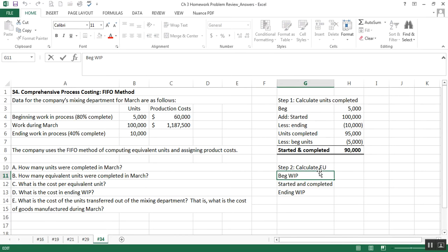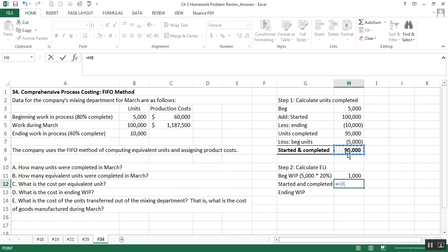So this is going to be our 5,000 times the 20% that we still need to complete, right? So 5,000 times 20%. I meant 20%, sorry about that.